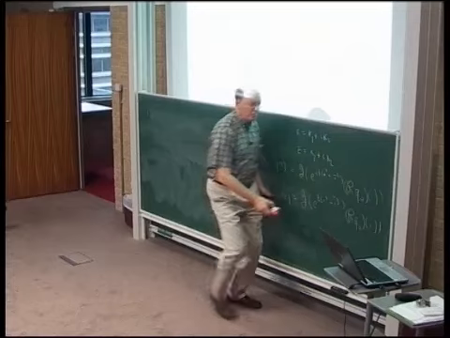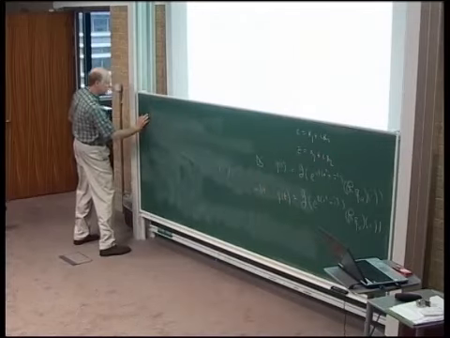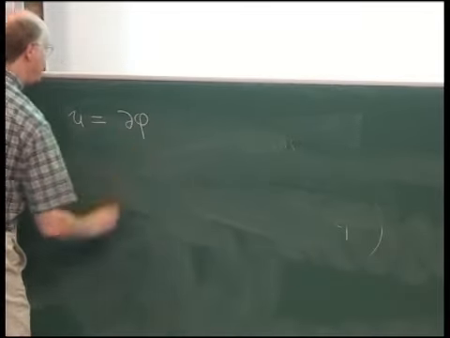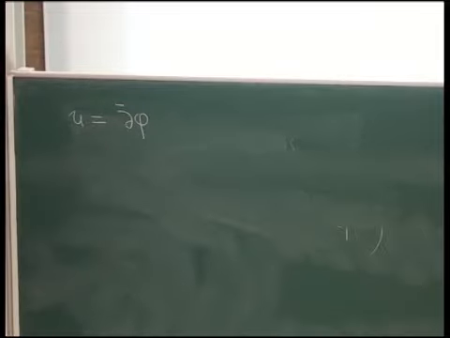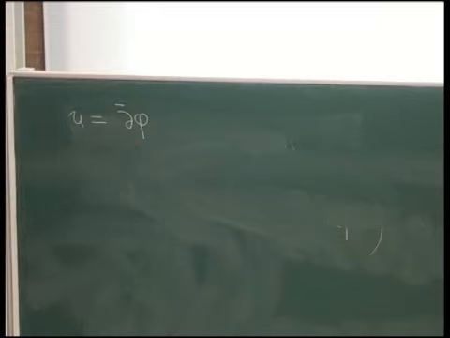I said that if u obeys this D and D bar condition, which really boils down to a curl-free condition, then u is actually given by a potential in complex notation. This is just saying u is the gradient of the potential.